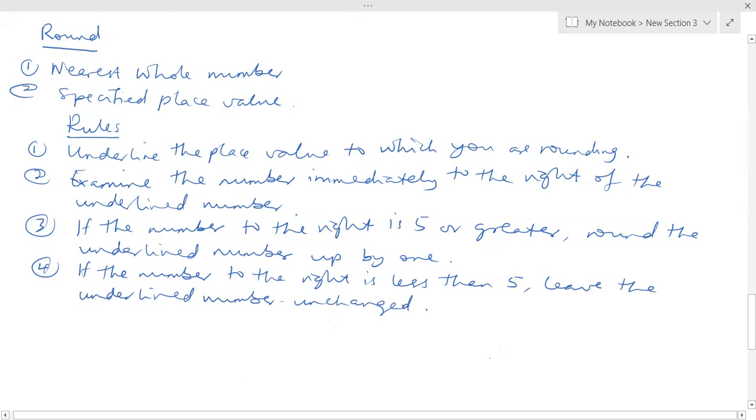So these are the 4 guidelines or rules I can use to round numbers. Let's look at some examples and apply the rules that we have here.